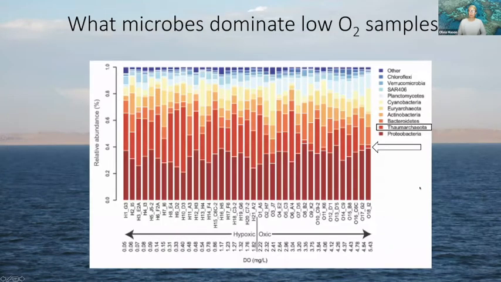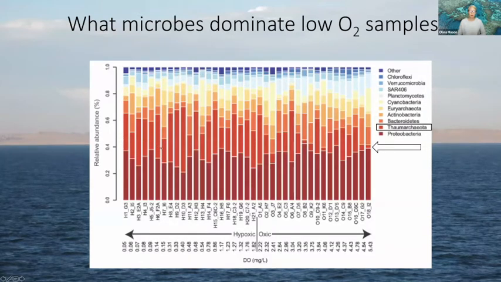So what microbes dominate this? I guess this is a little bit of a busy figure, but let's just take a moment and walk through it. Here we have sorted the samples from the lowest oxygen to increasing oxygen all the way to our oxic samples. We have hypoxic conditions here, and what I want to draw your attention to is this group of microbes.